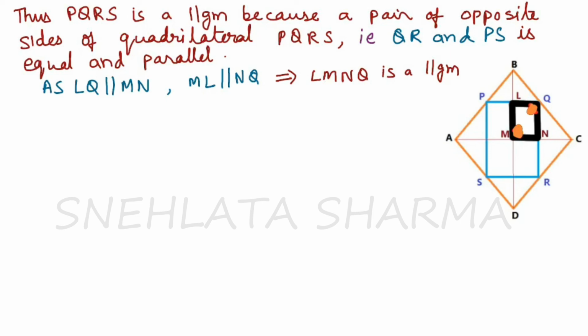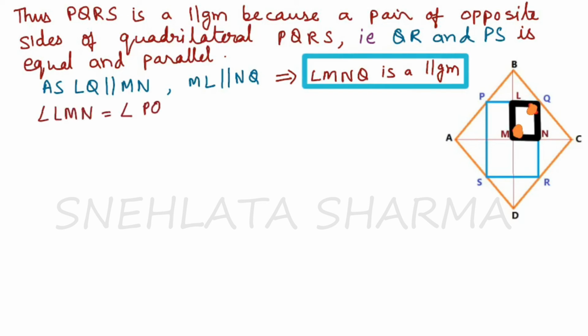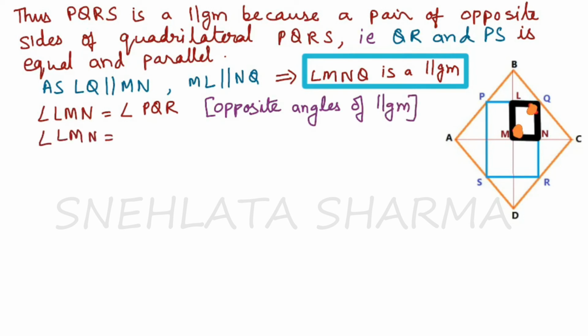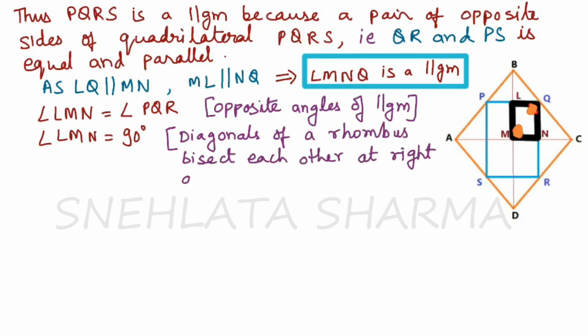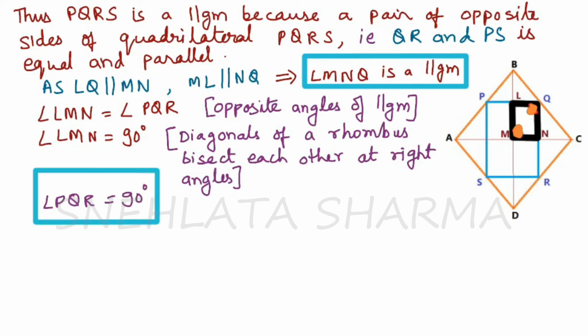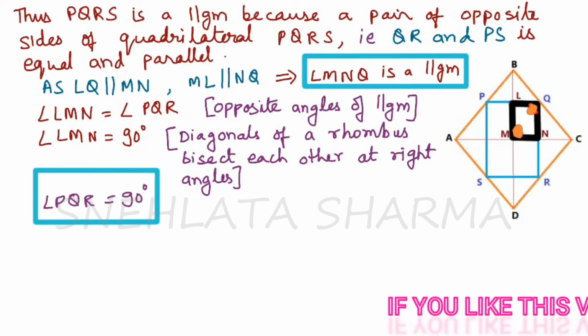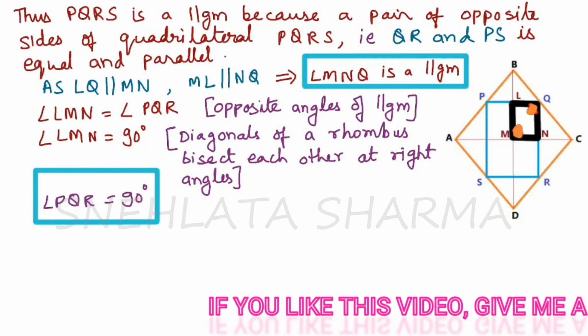Let's write all this. Angle LMN is equal to angle PQR because these are opposite angles of a parallelogram. Angle LMN is equal to 90 degree because diagonals of a rhombus bisect each other at right angles. This gives angle PQR is equal to 90 degree. So we have proved that LMNQ is a parallelogram and one angle PQR is 90 degree.